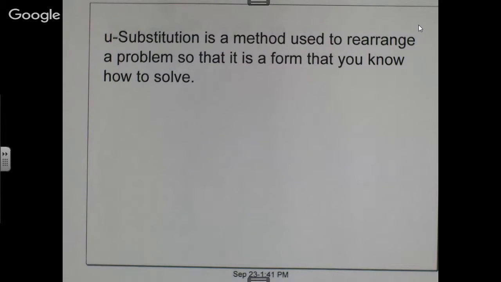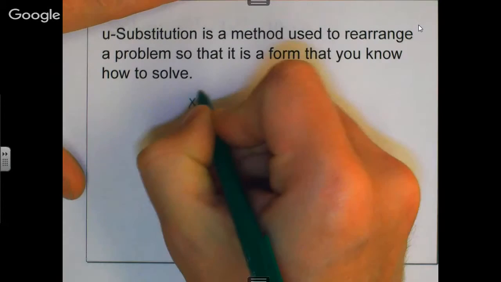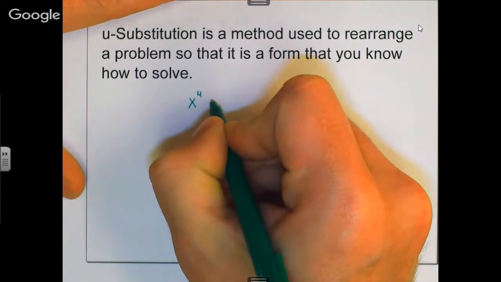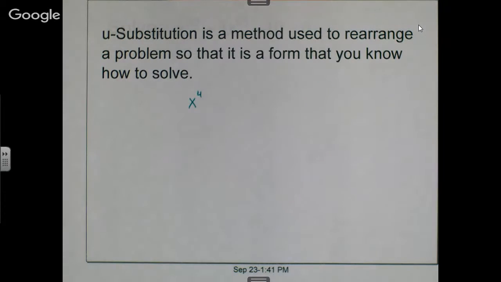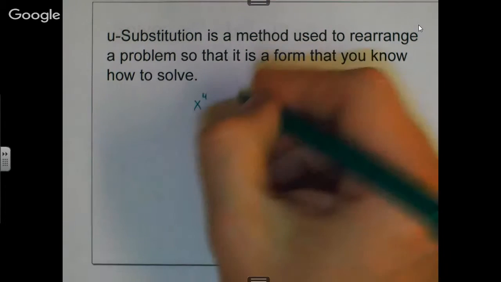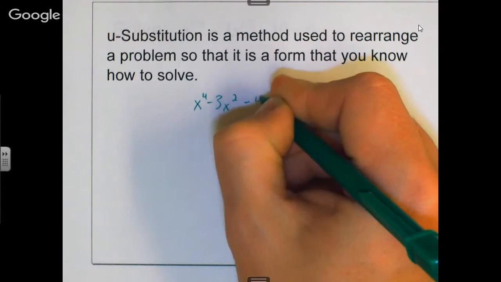U-substitution is a method used to rearrange a problem so that it is in a form that you know how to solve. For example, if I have x to the 4th minus 3x squared minus 4 equals 0.